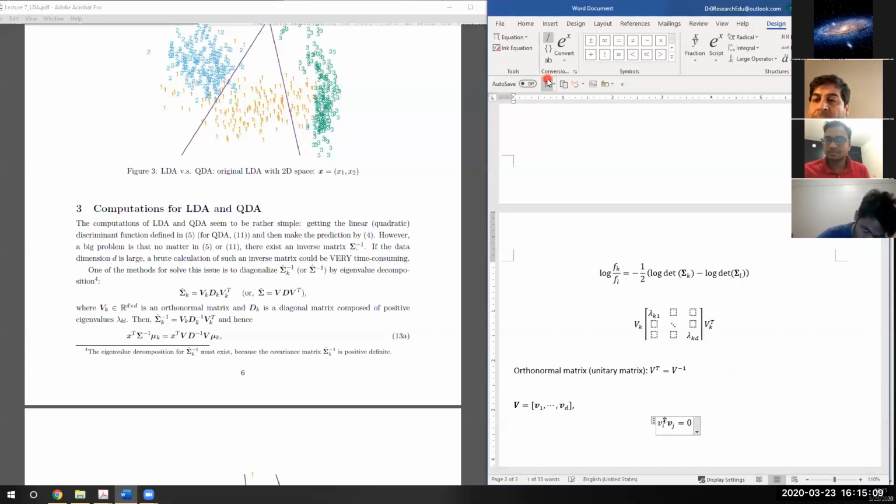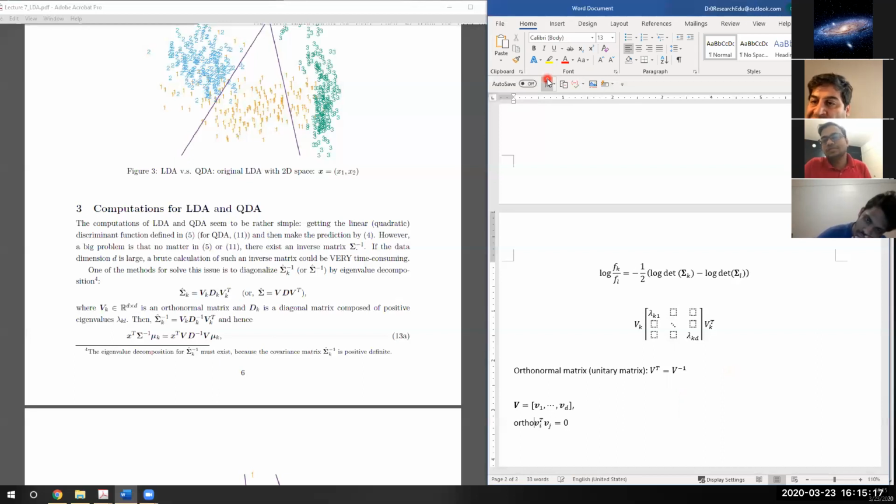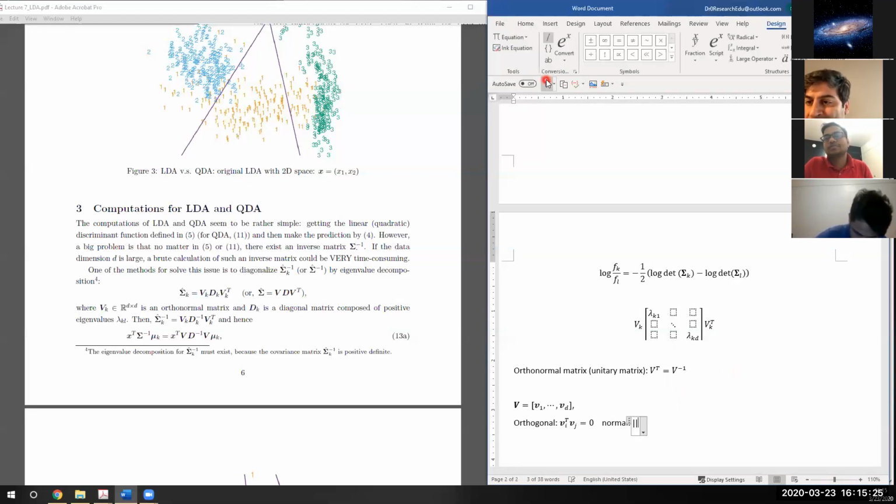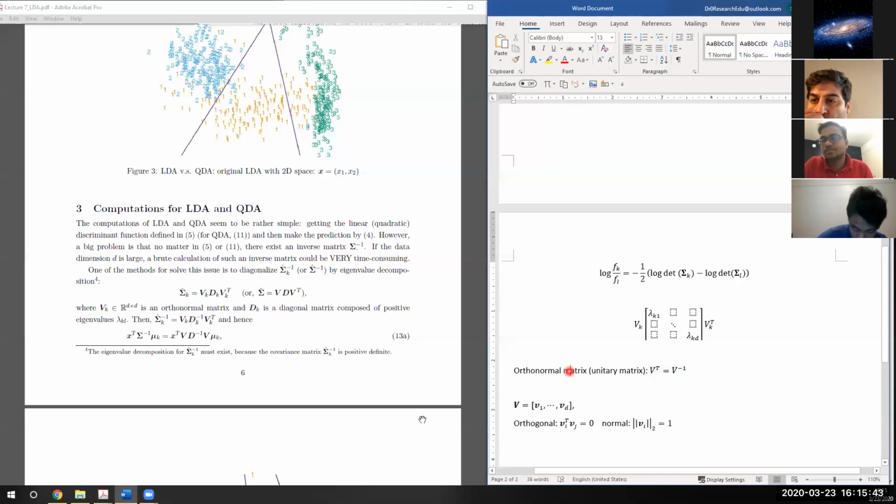This is orthogonal. And normal means the norm of any Vi equals 1. That's the meaning of norm, right? And as long as you have this, it's very easy to see that V transpose must equal V inverse. This technique is commonly used for this kind of matrix.